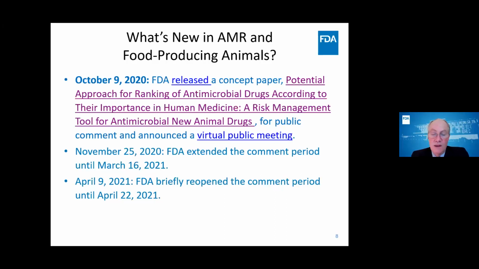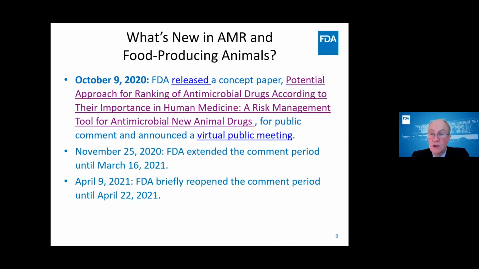And so one of the things we do at FDA is we publish these concept papers to share our thinking about how we might update our frameworks. About a year ago, we published this concept paper, and we have extended the comment period. So we allow folks to come and comment on that. We've actually extended the comment period a couple of times so that our stakeholders can give us some input on that framework.